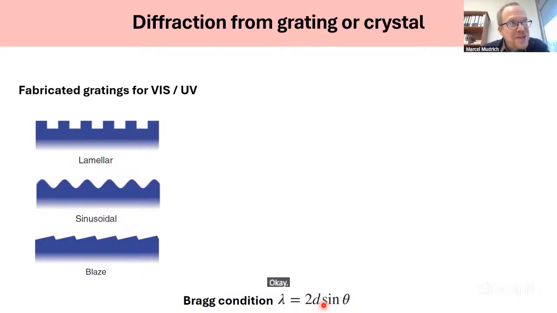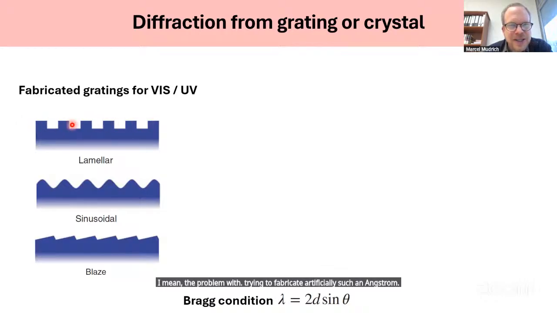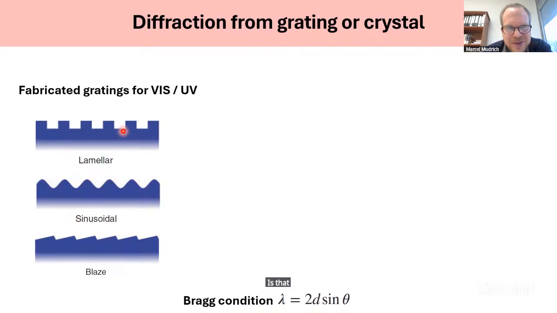Okay, that's an interesting idea. I mean, you're right that interference patterns between interfering light beams can actually produce very regular periodic structures in principle. The problem with trying to fabricate artificially such an angstrom-sized groove pattern is that in the end, this groove pattern should consist of atoms, right?